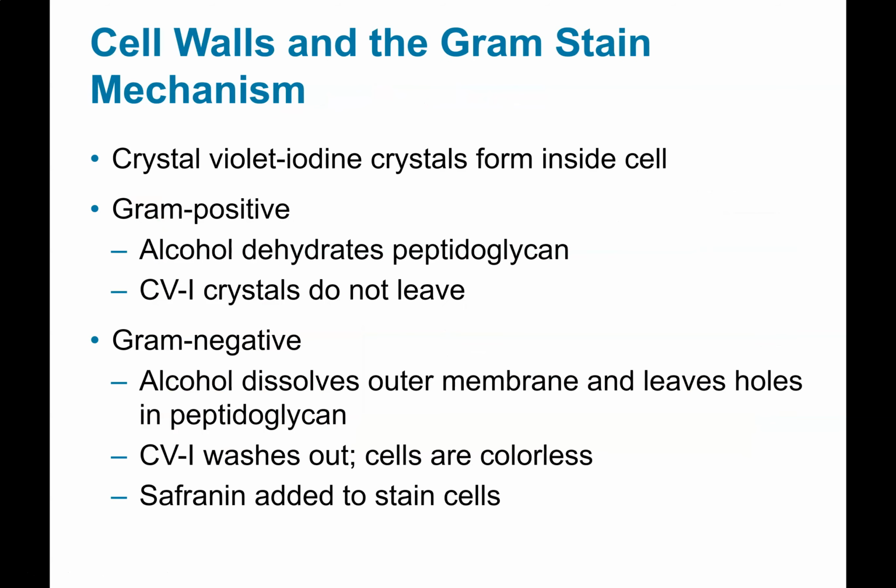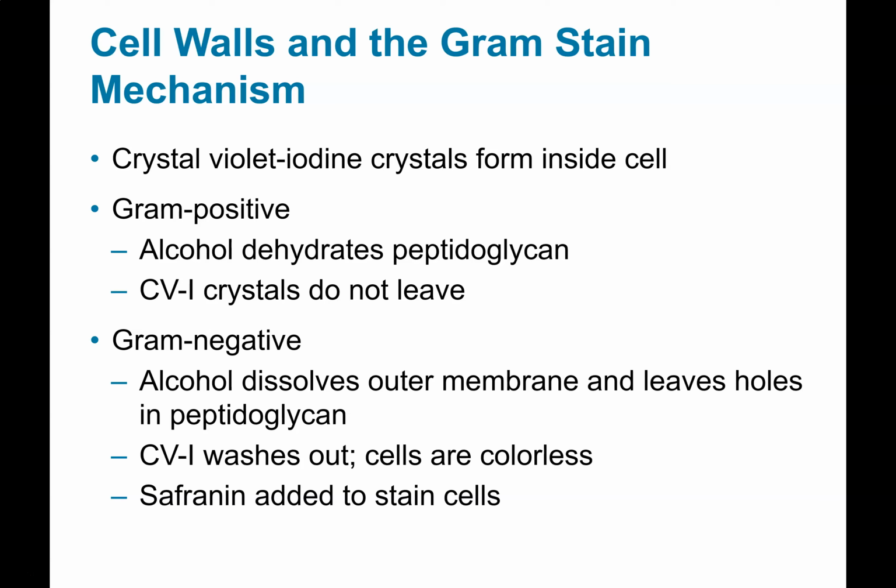So since we already talked a little bit about gram stain in chapter 3, and now that we see a more detailed structure of the cell walls, you should be able to understand more how the differences come about during the gram staining. So remember that crystal violet is the primary stain, and it is a cationic dye. It is positively charged.